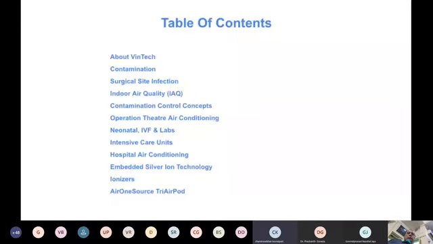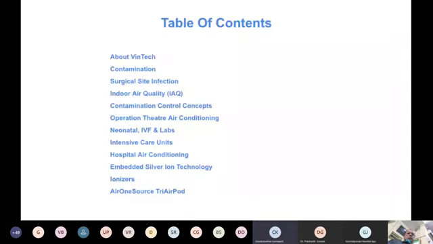We will cover the operation theater and the air conditioning and HVAC requirements there, the neonatal, IVF and labs, the specificity of contamination control there, and the ICUs and the entire HVAC for any existing healthcare setups or anything coming up new.